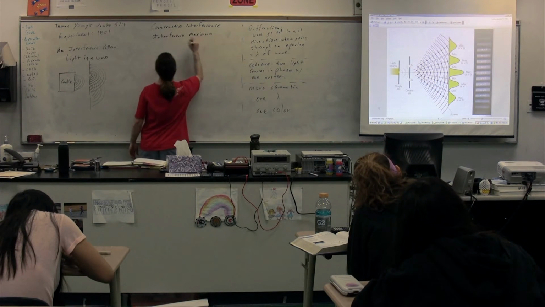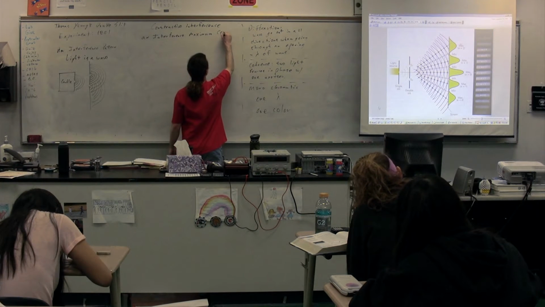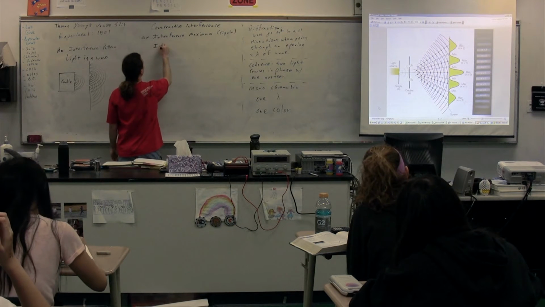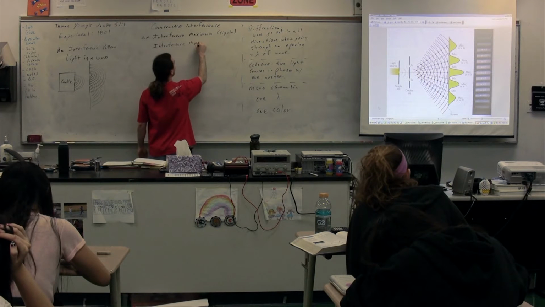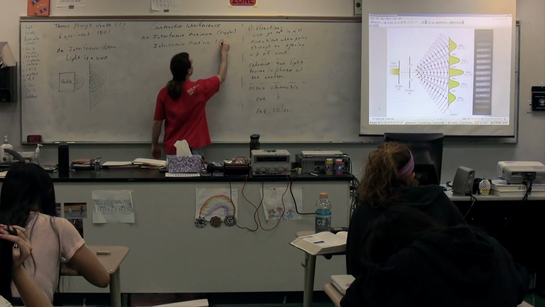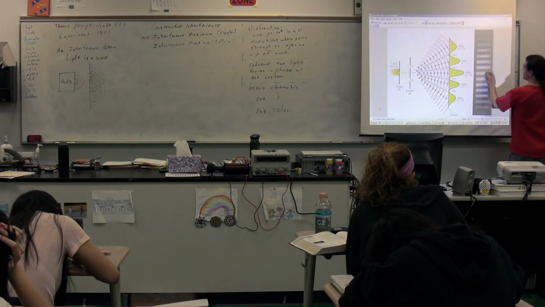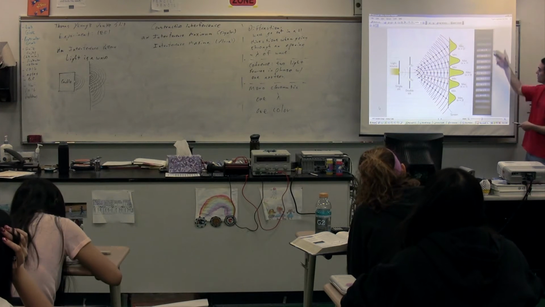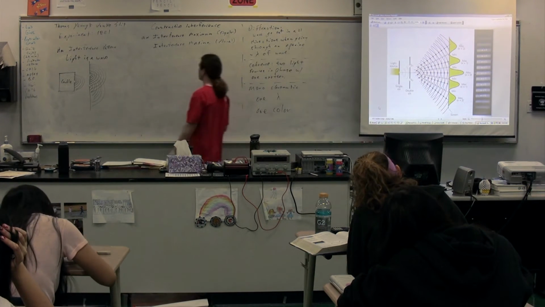Or the singular would be an interference maximum. Or if we have many, we have interference maxima for the plural. So all of these where we see the bright spots, those are called interference maxima for the plural, or we can talk about a single one. For example, the one in the middle is called the central maximum.